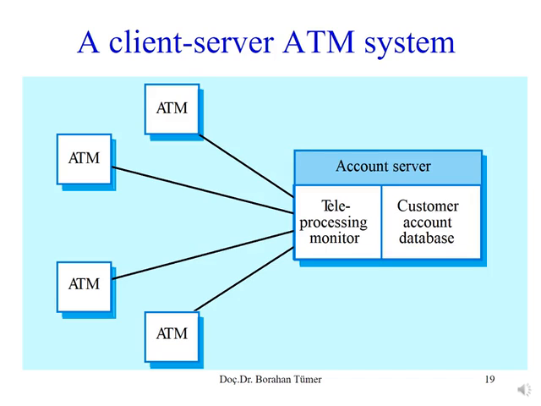There is a teleprocessing monitor in between, and what it does is it puts the transactions coming from the ATM machines into an order, and then it lets the customer account database handle these transactions in order.